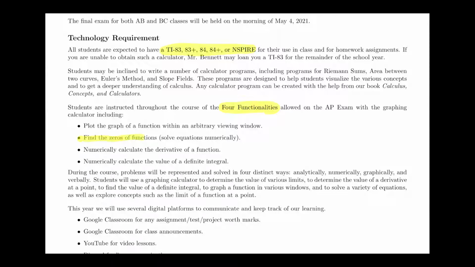You're allowed to find the zeros of functions, so essentially solving an equation. You can numerically calculate the derivative of a function. You probably don't know what that means yet, but we can take derivatives on our calculator, and we can take a definite integral. Don't know what that means yet either, but you will before long.